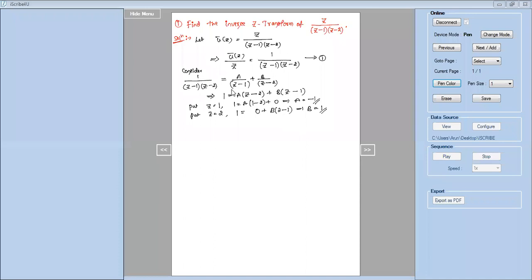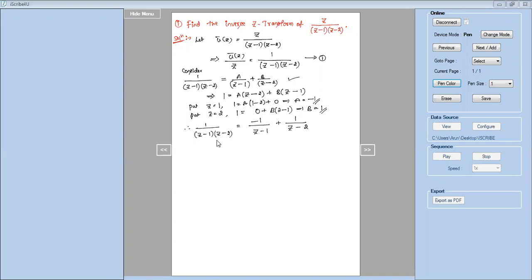Let us substitute them in this equation. We get, therefore, 1 by z minus 1 into z minus 2 is equal to A, A is minus 1 by z minus 1 plus B is 1 by z minus 2. Correct? I'm substituting this A and B in this equation. But now you know that this 1 by z minus 1 into z minus 2 can be written as U bar of z by z according to equation 1.